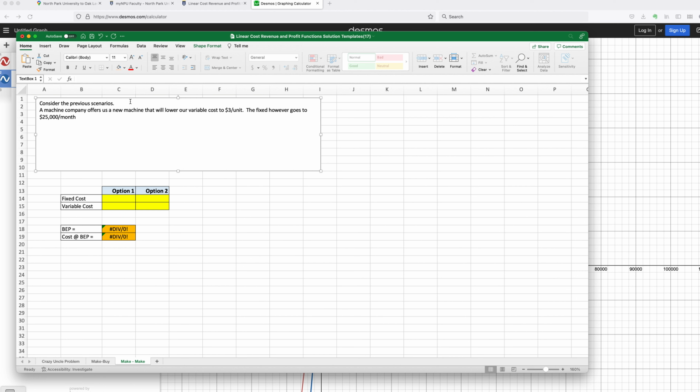To buy this machine is more expensive. It's going to cost us $25,000 a month in loans or mortgage or whatever it is we have. This is option 1, option 2. Why don't I change that? What was our current option and what's our new or proposed option?